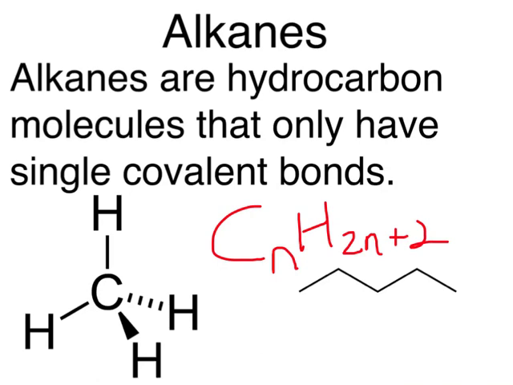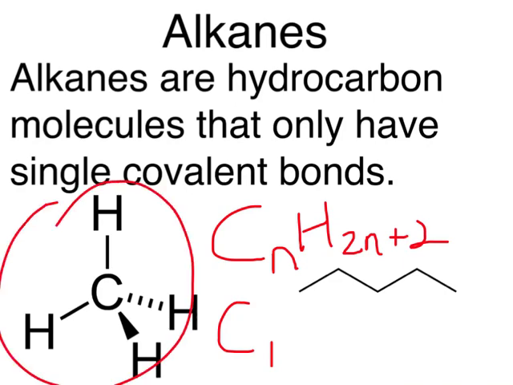Now let's just think about that. n is the number of carbons. So let's look at methane. The number of carbons in methane is 1. So it would be C1. Now, if I didn't have this picture here, and I didn't know how many hydrogens were there, I could use this general formula to figure it out. So if n is equal to 1, then H is going to be equal to 2 times 1, which is 2, plus 2.